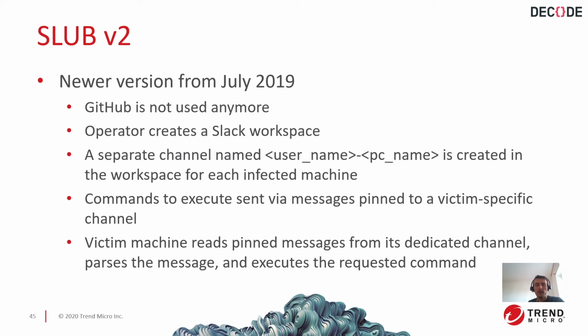So they created a Slack workspace. In this workspace, there was a channel for each user named username minus computer name. And then when a command needed to be executed, a message was created. This message was pinned in the channel.